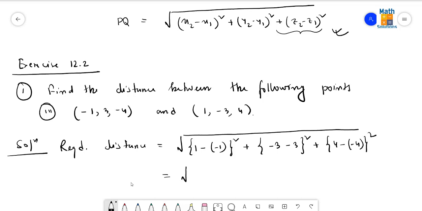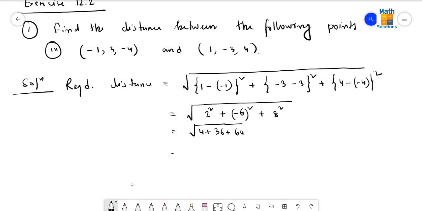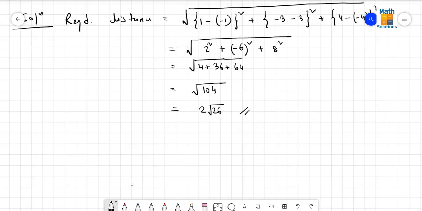So what would I get? 1 plus 1, that means 2 square, plus -6 whole square plus 8 square. So ultimately the result will come as 4 plus 36 plus 64. This will be equal to root 104, which will give us the result of 2 root 26, and this is the answer.